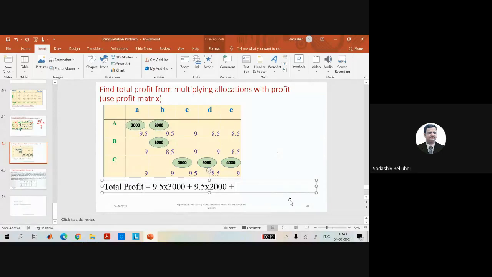This is the way we need to find the profit: 8.5 into 2000 plus 9.5 into 2000 plus 8.5 into 5,000 plus 9 into 4,000.